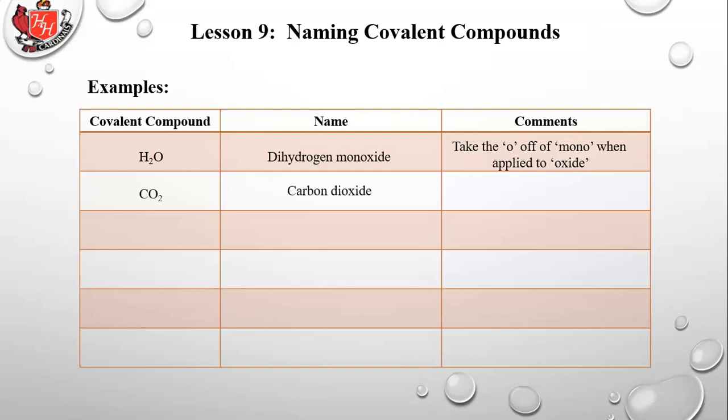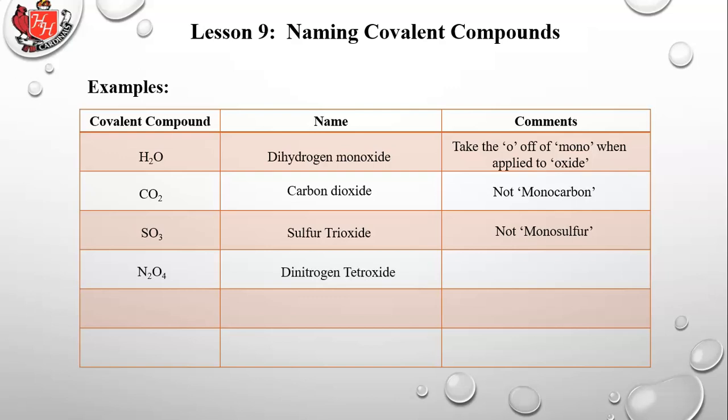CO2, carbon dioxide, because there's 2 oxygens. Not monocarbon dioxide. You don't put mono on the front of the name of the first element. SO3, sulfur trioxide, not monosulfur trioxide.